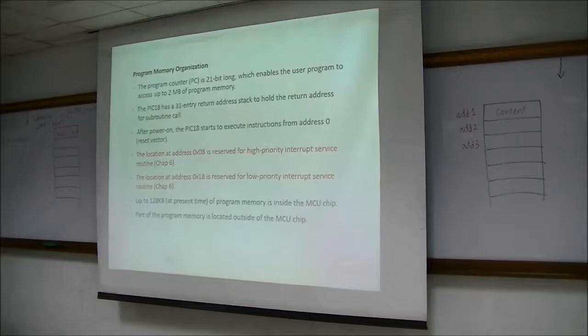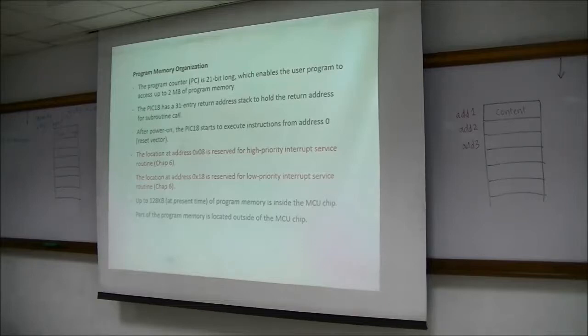Now 8 bits is also equal to 1 byte, right? So that means in one location you can store 1 byte. If one location can store 1 byte, and the manufacturer says the program memory has a capacity of 2,097,152 bytes, what does it mean? Capacity means how much you can hold.